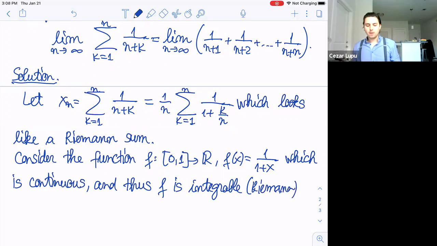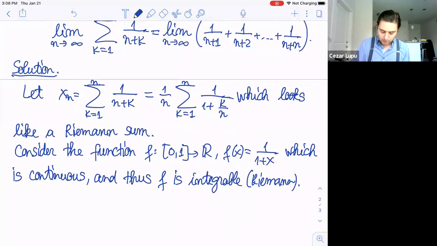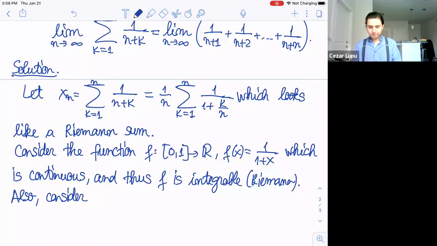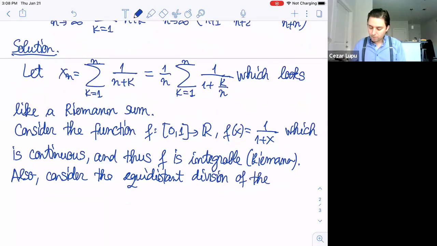All right. And now what we're going to do is to consider the equidistant division of the interval 0, 1.